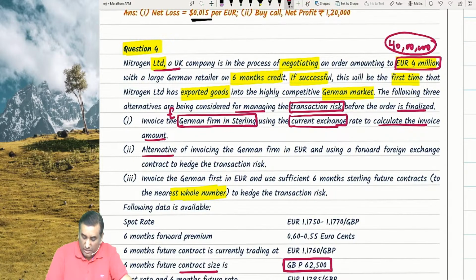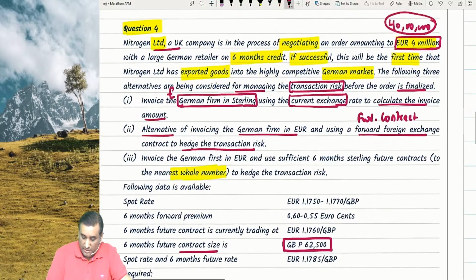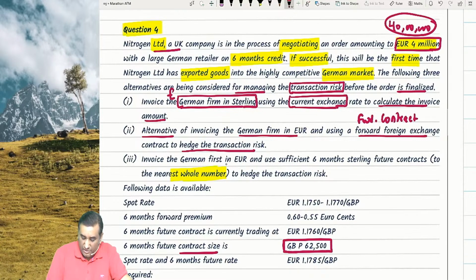Alternative, second option, invoicing the German firm in euro with a forward contract to hedge the transaction. Third, invoice the firm in euro, again a different currency, a foreign currency basis for the UK.